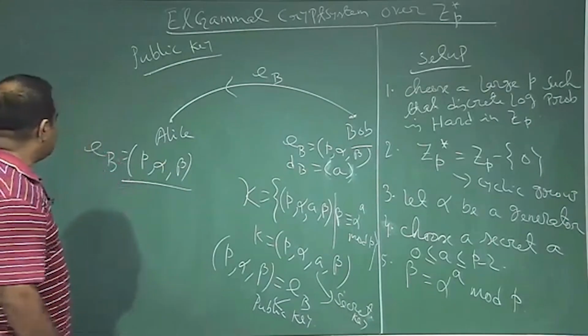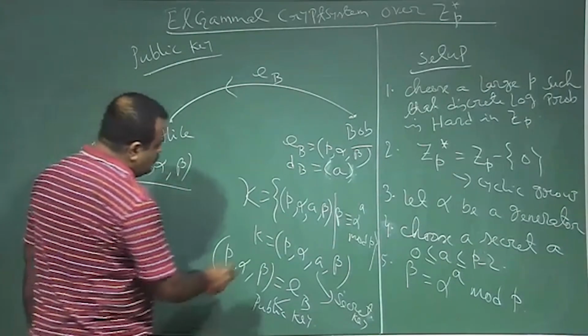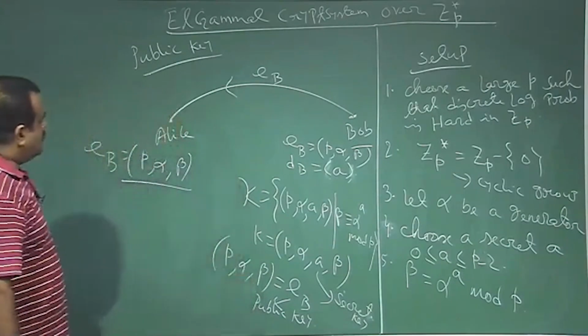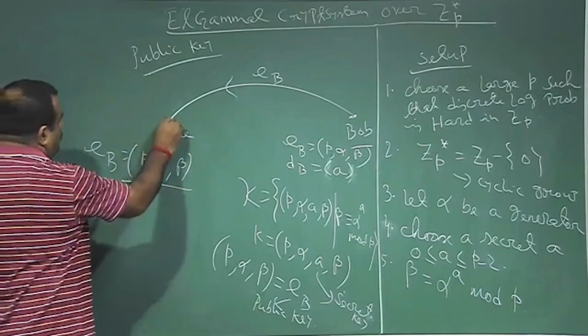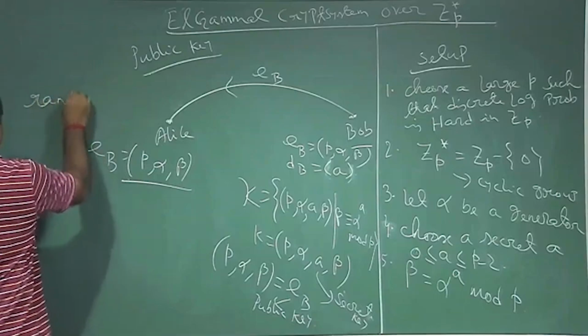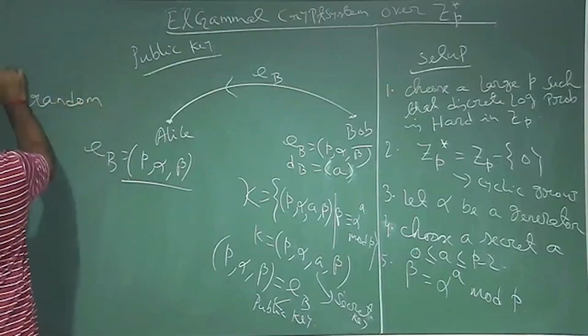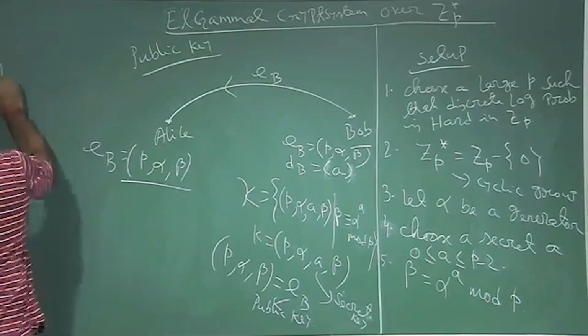For encryption, Alice is choosing a secret random number on top of it. Before that, what is P?